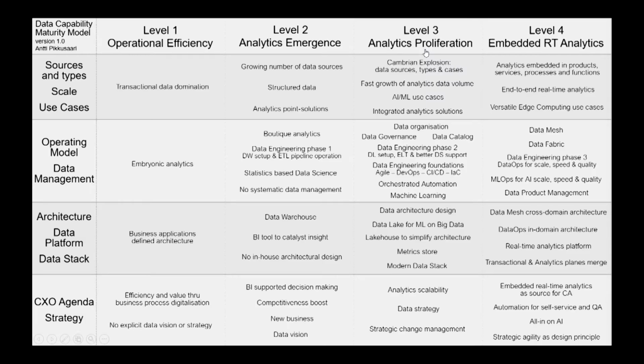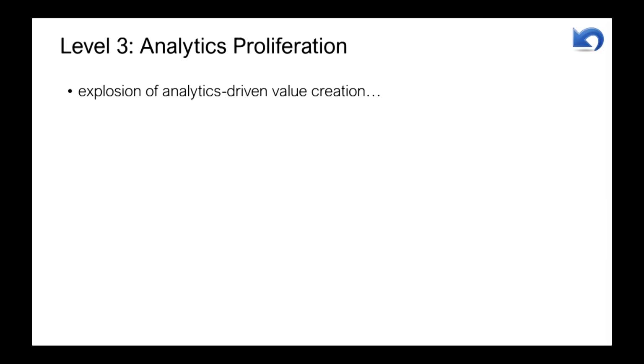Next, let's dive into level 3, analytics proliferation. This is where a lot starts to happen. Maturity level 3 is about explosion of value creation, driven by data and analytics. The game is about to change. Individual data sources are now counted in tens or more.